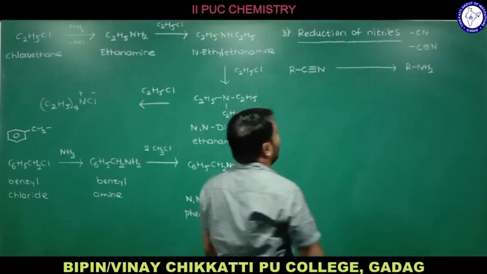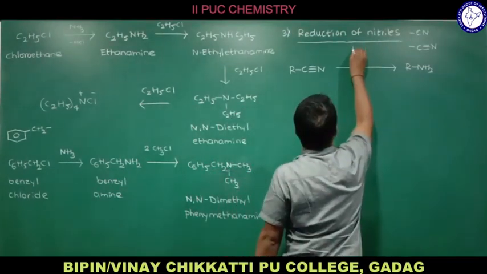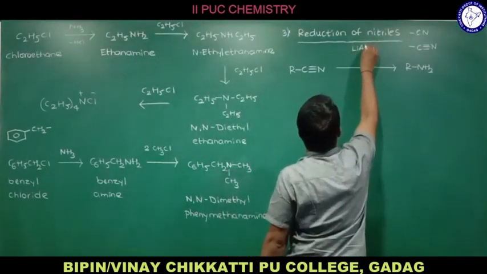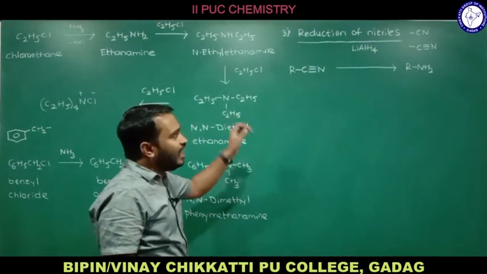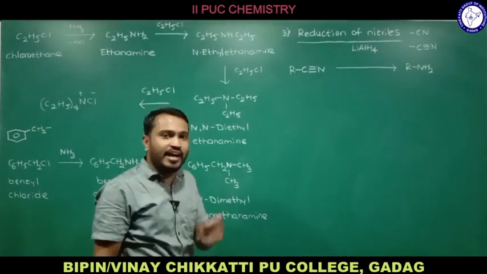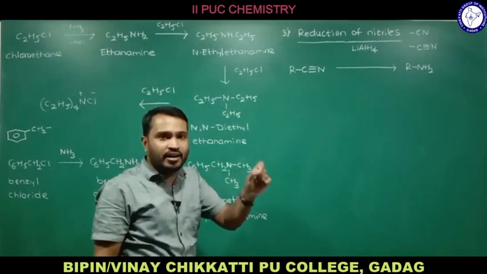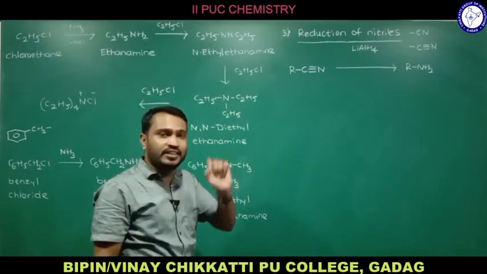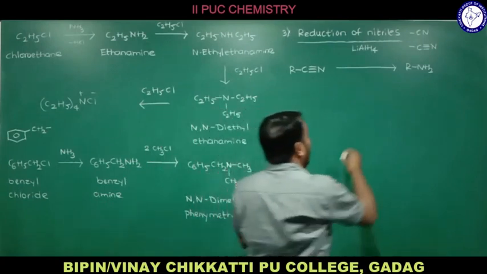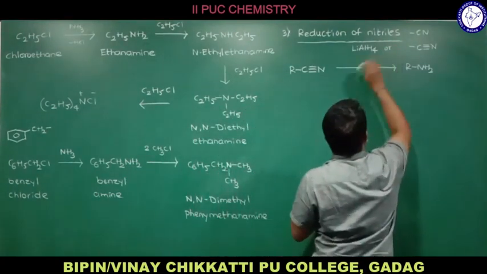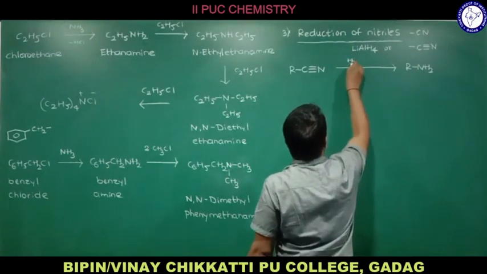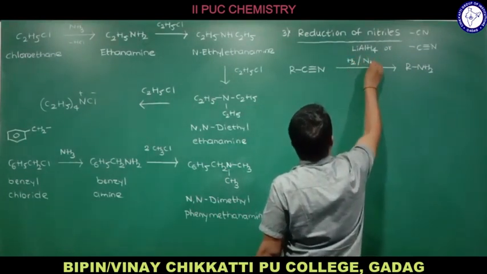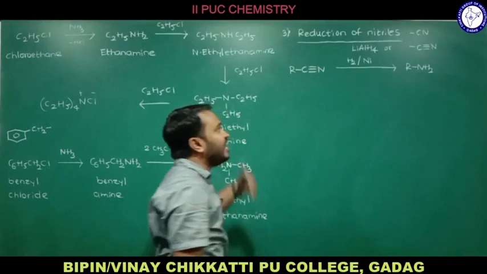The one case is you can consider the strong reducing agent, lithium aluminum hydride. LiAlH4 is termed lithium aluminum hydride, that is a very good reducing agent. This is the one option you can add if you want to convert that nitrile into the respective amines. And one more option is you can add hydrogen with nickel or platinum or palladium, as I said.